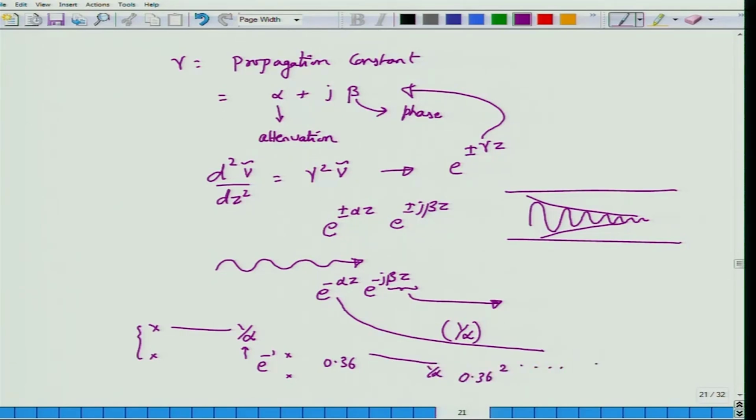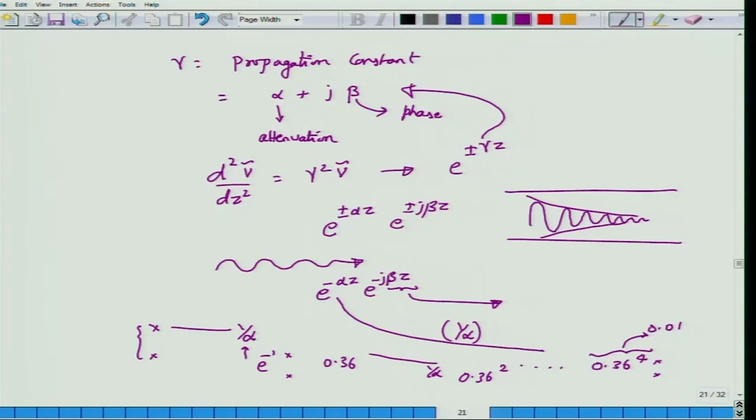If I go 4 times, the value would drop to 0.36 to the power 4 of the initial value, and that is approximately 0.01. So, you can say that the voltage after 4 times 1 by alpha of propagation length would have dropped by 99% of the original value, which means that the remaining value is almost 0.